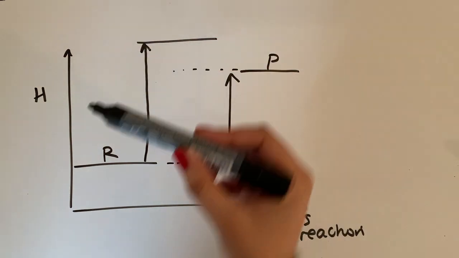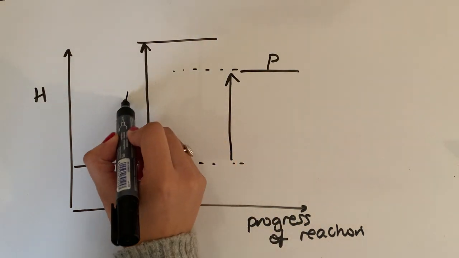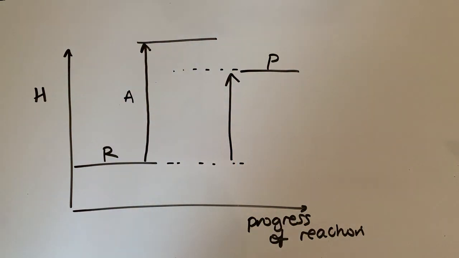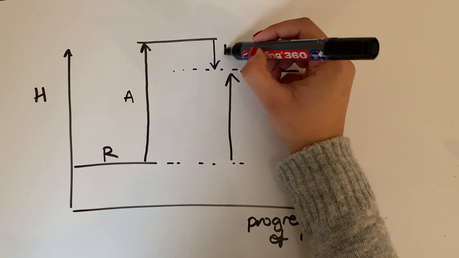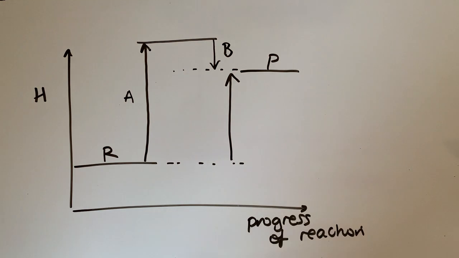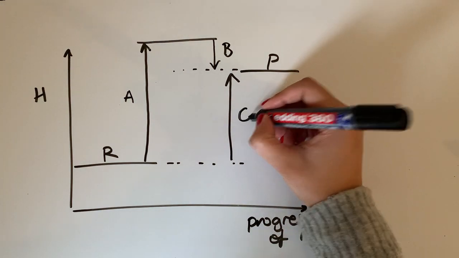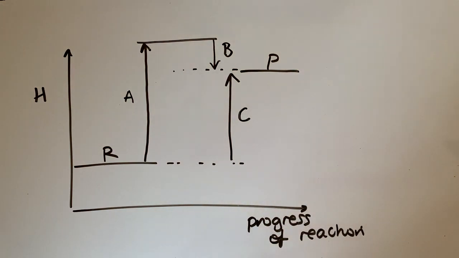So we're given this value here, so let's say that this value here is A, and let's say we're also given this value over here, so let's call this value here B, and our enthalpy change, I'm going to call that C. Now, each of these A, B, and C are routes.